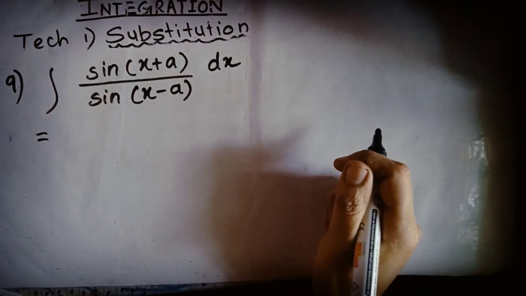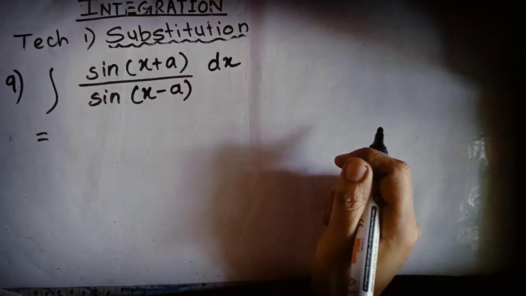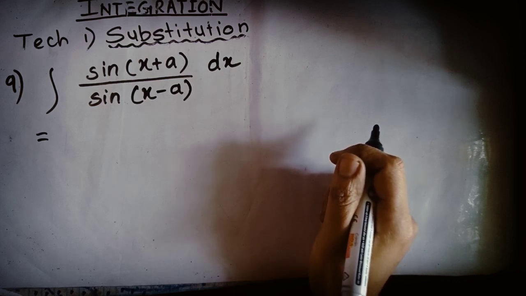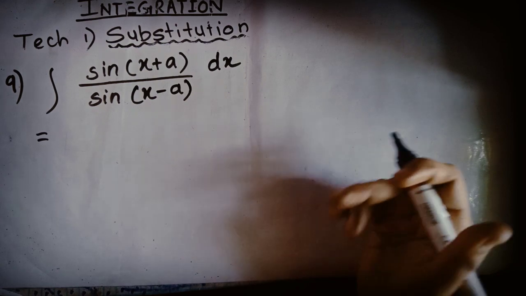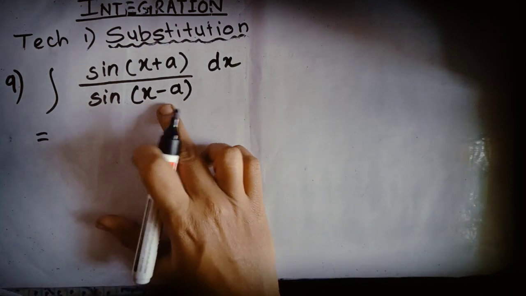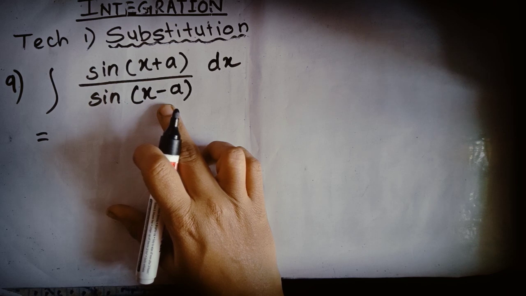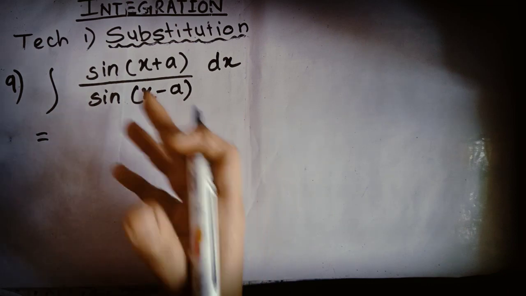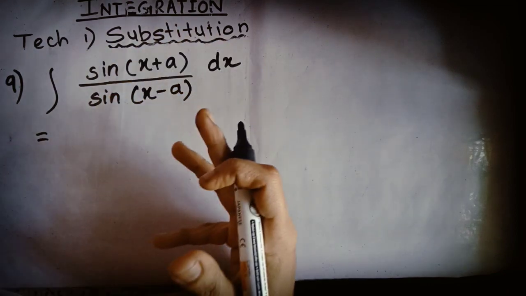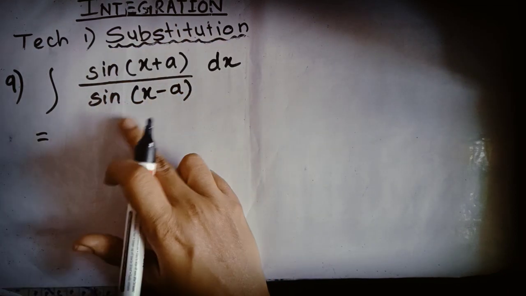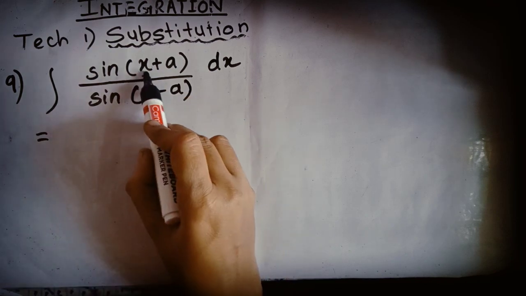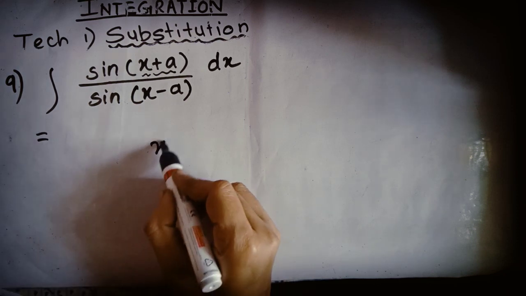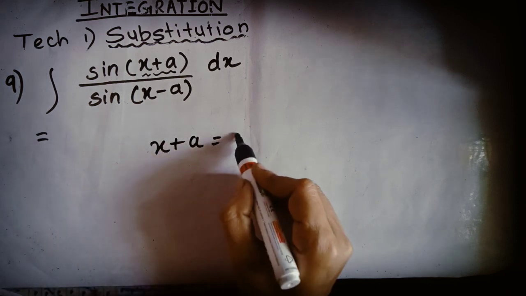Okay, let's solve this. So here it is given sin x plus a upon sin x minus a. If I want to delete whichever term is there in the denominator, I have to create it in the numerator, right? How can I create it? If I need sin x minus a, then this term should be written in terms of x minus a. So x plus a, how can I write it as x minus a?